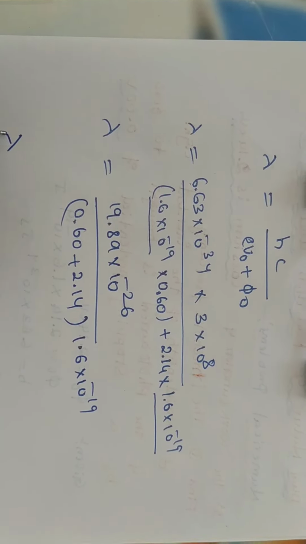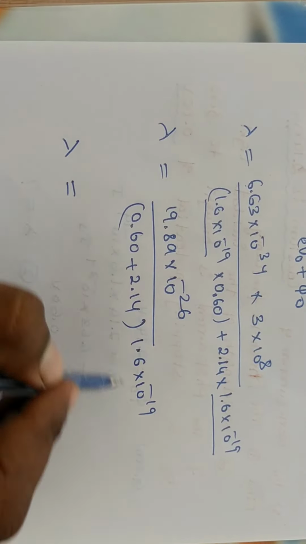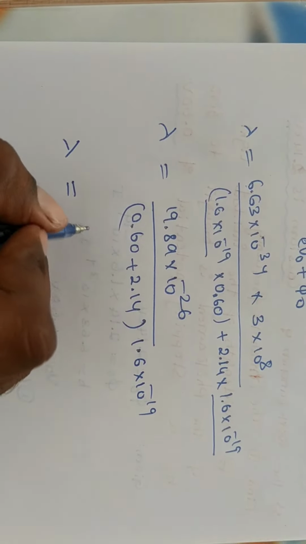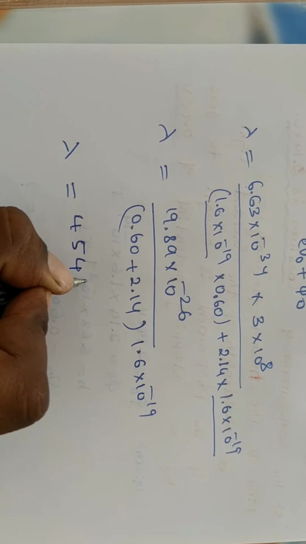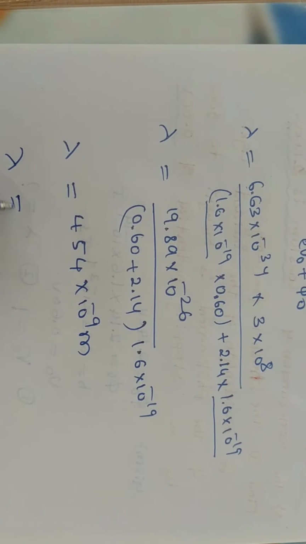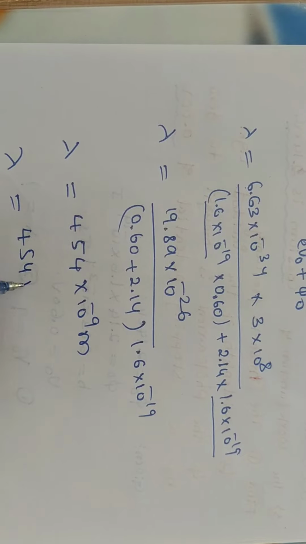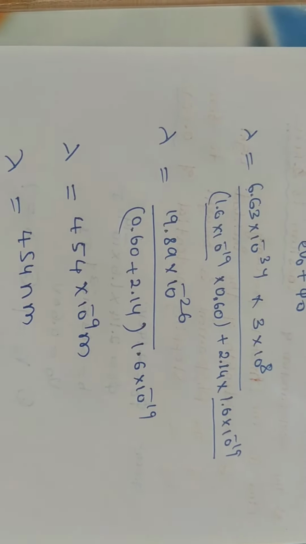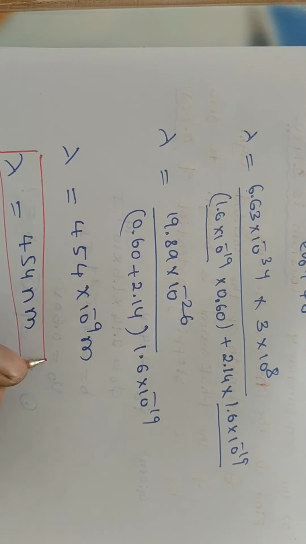Then final answer, after simplifying, lambda is equal to 454 into 10 to the power of minus 9 meter, which means 454 nanometer. Okay, this one is the final answer of this problem.